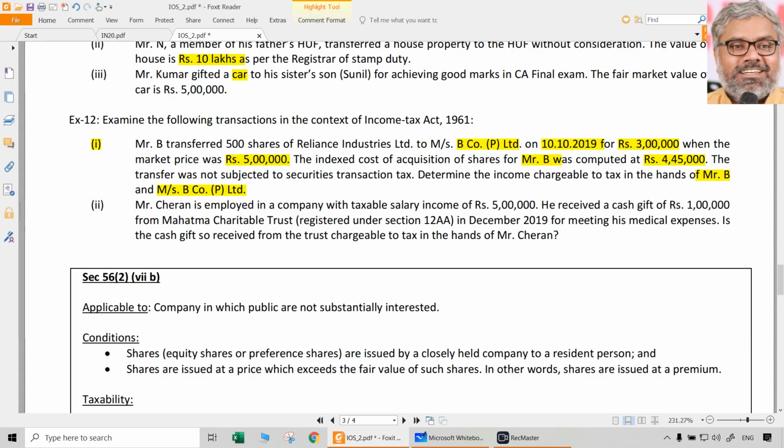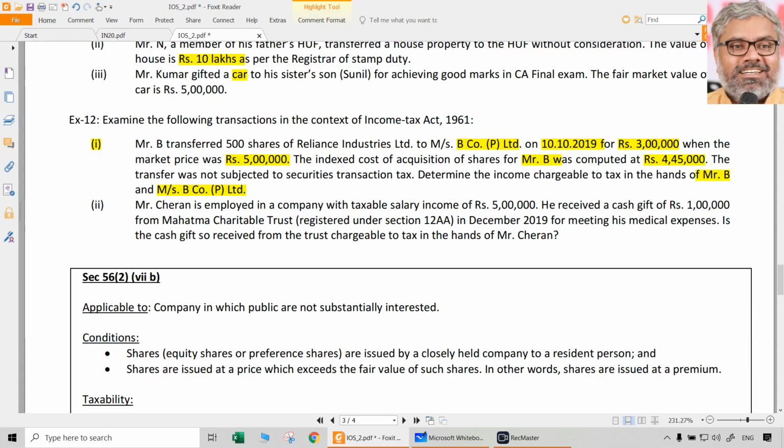Already we have 50C, particularly for immovable properties. I think 50CA or something was there for movable properties. For immovable properties, stamp duty valuation was given under 50C, and for movable properties, any type of movable properties, their fair market value has to be taken as full value of consideration. That means 5 lakhs has to be taken as full value of consideration, not 3 lakhs.